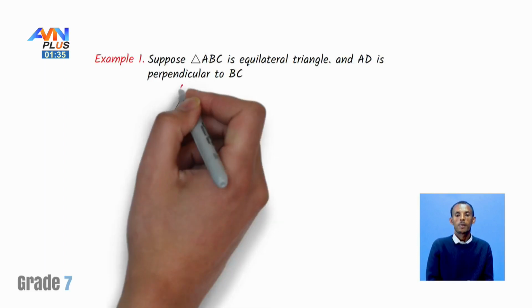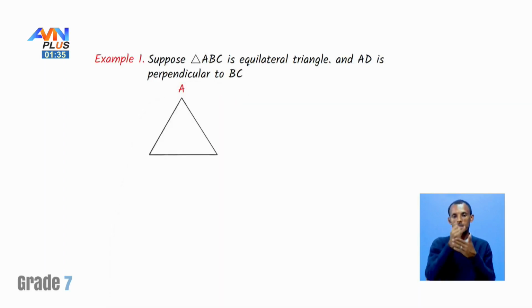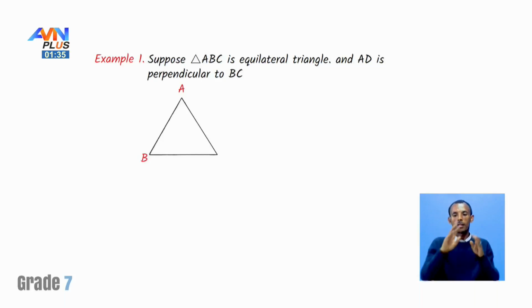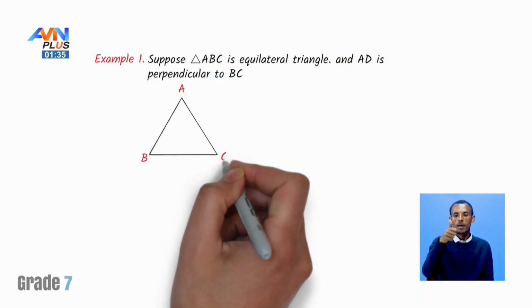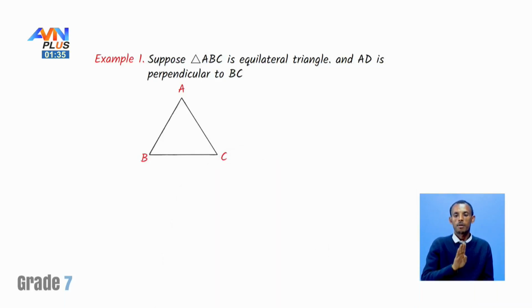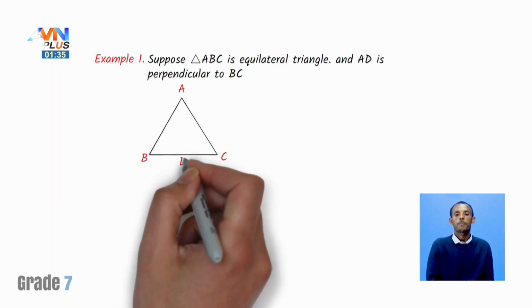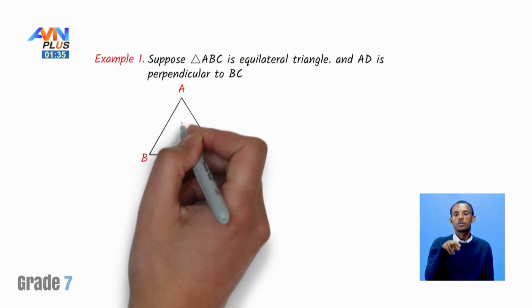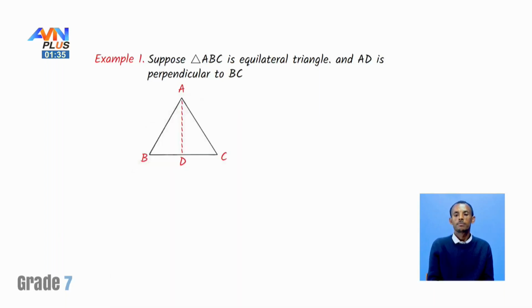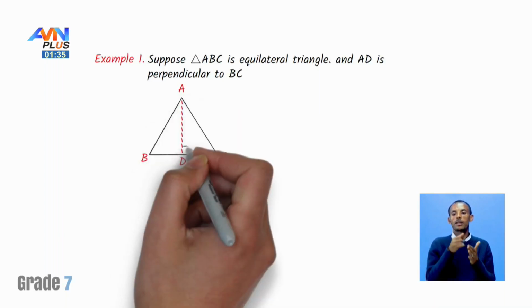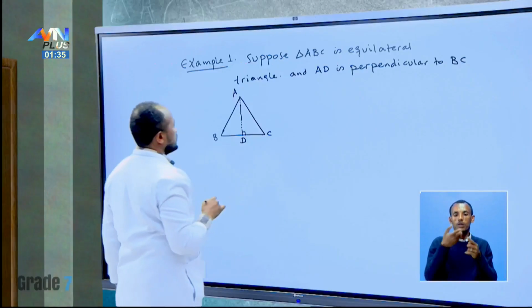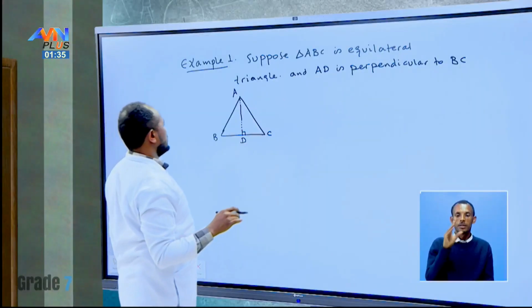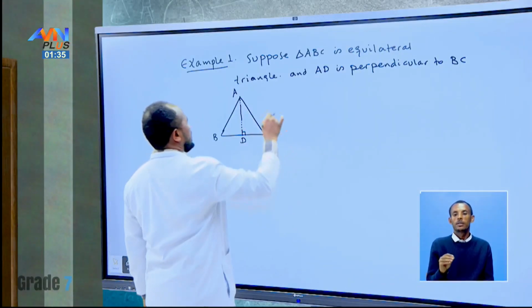Here is a picture. An equilateral triangle is given. So this one is A, B, C. And here is AD. This AD is perpendicular to BC, and D is the midpoint of BC.